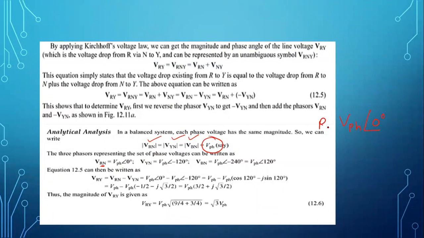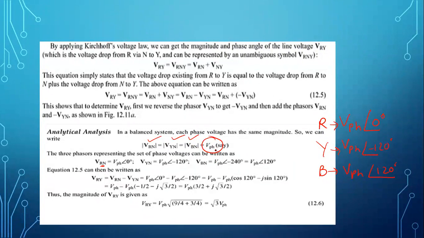When we go to Y phase, it is VPH at an angle minus 120 degree. And when we go to the B phase, it is VPH at an angle of 120 degree. So one is apart by 120 and another one is apart by 240, which can be written as minus 120.